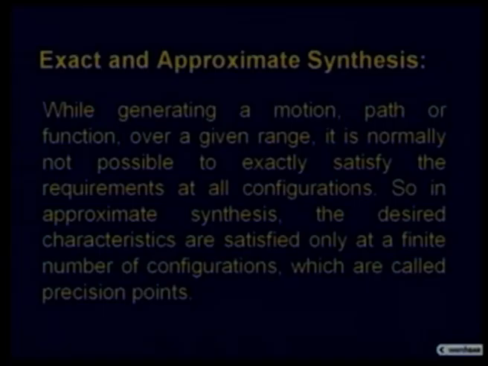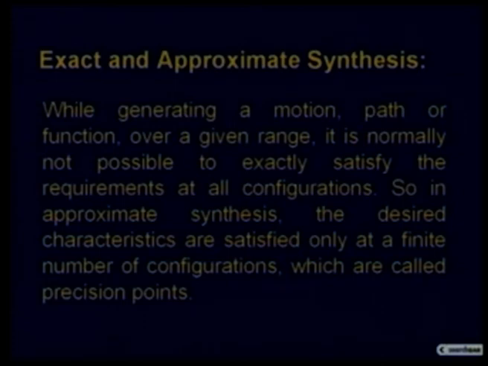While generating a motion, path or function over a given range, as I said, it is normally not possible to exactly satisfy the requirement at all configurations. So, in approximate synthesis, the desired characteristics are satisfied only at a finite number of configurations in that entire range.